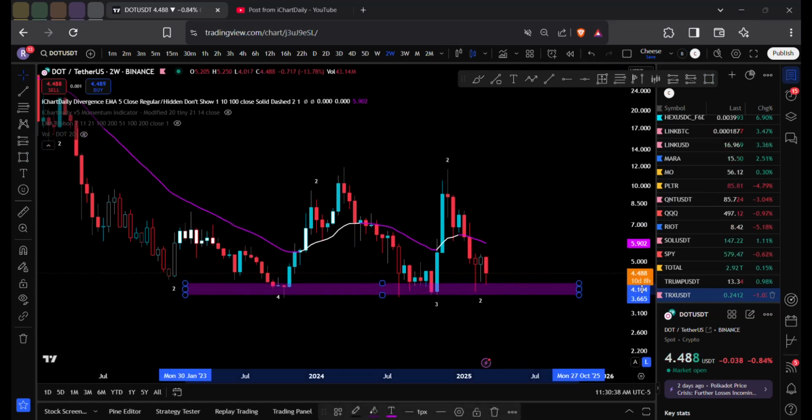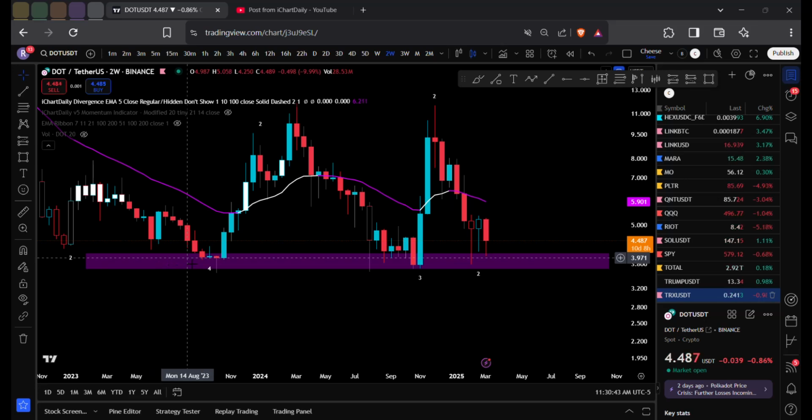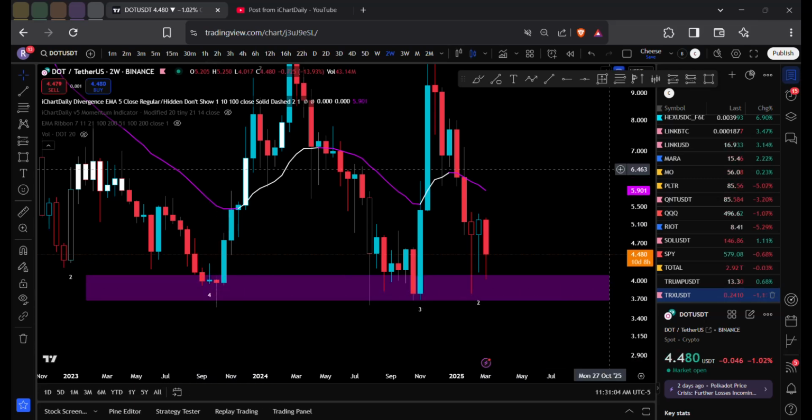Okay, so let's analyze. So you can see here 3.97 to, let's zoom in even more. You could see from 3.92 to 4.02 was the best time to buy, but the whales got in at like 3.86 to 3.66. So maybe, just throwing it out there, not financial advice, maybe you got some buy orders down there, you know what I'm saying?